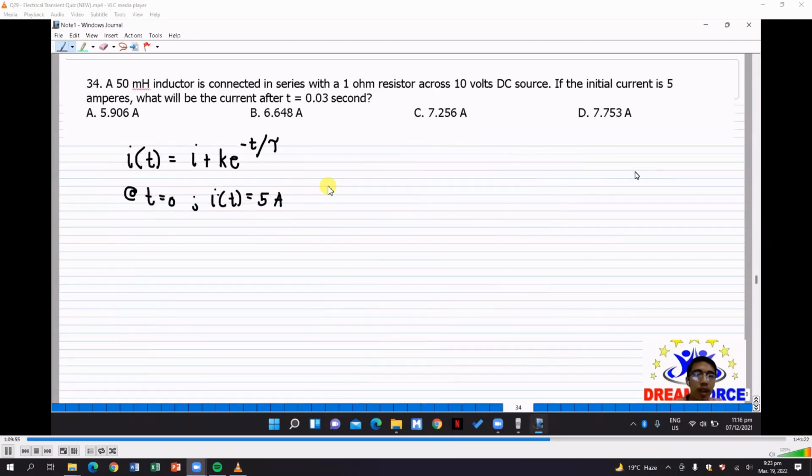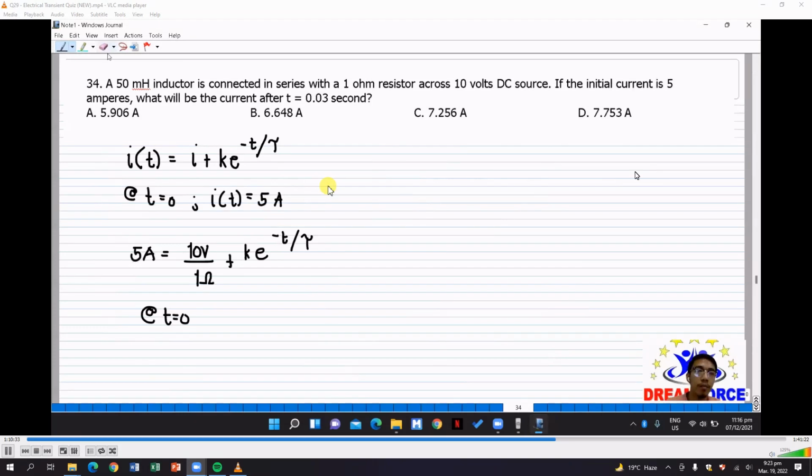So from here, I as a function of t is 5 amperes. That is equal to I, yung I natin. Ayun, meron siyang source voltage na 10 volts. Ano yung kanyang resistor? 1 ohm. Plus K. Ano yung K natin? Pwede ba nating mahanap yung K? Tignan natin, K, that is equal to E raised to negative T over tau. So initially, at T equals 0, mahanap ko yung K. So at T equals 0, that is 5 minus 10.